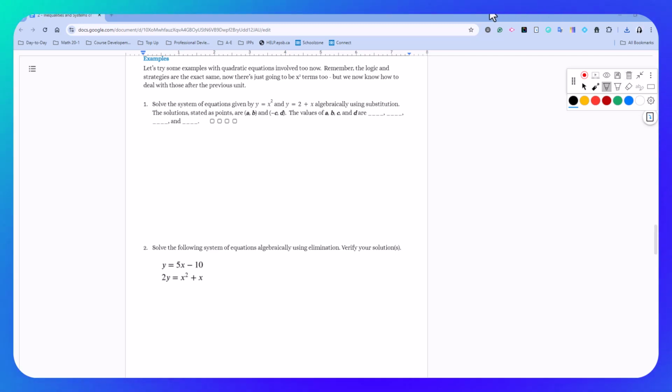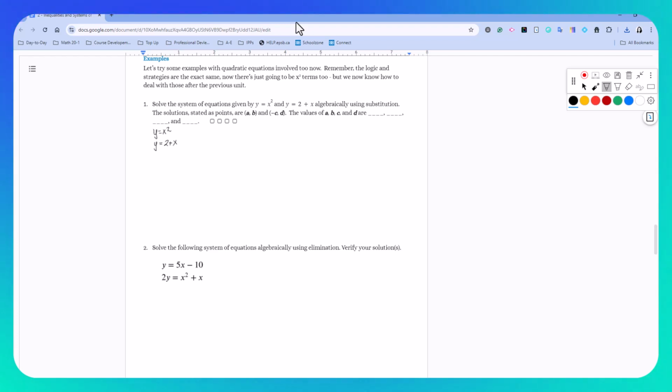So it says solve the system of equations y equals x squared and y equals 2 plus x algebraically using substitution. Okay, so let's start. Let's write down y equals x squared and y equals 2 plus x.